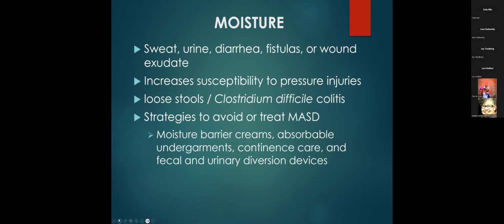Continence care, whether that means frequent toileting, or use of intermittent catheter, or a long-term catheter would be considerations. Really, you want to avoid instrumentation if at all possible, because you set the patient up for urinary tract infections with Foleys, for example.